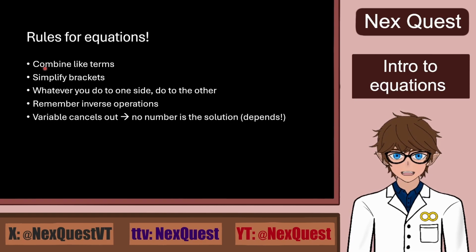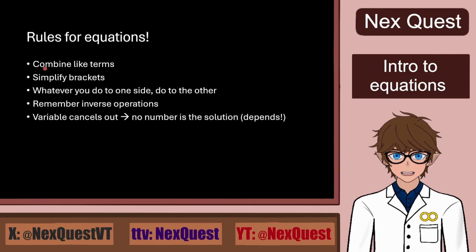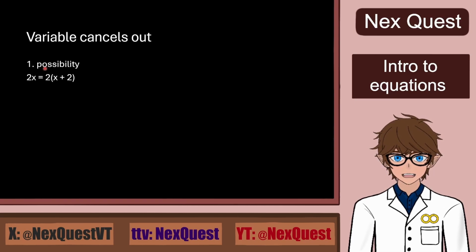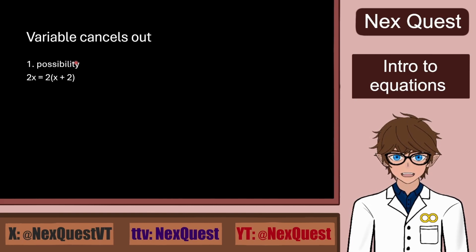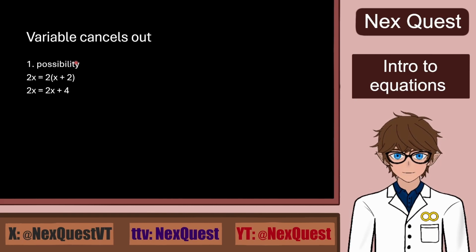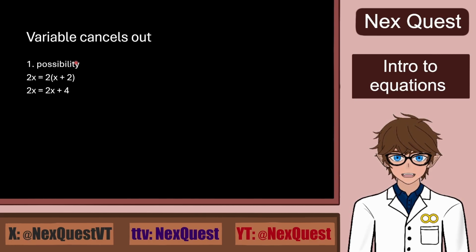The next rule is that if the variable cancels itself out, then no number may be the solution. However, it depends. We have two possibilities here. The first possibility is the variable just cancels out, and we have 2x equals 2 times x plus 2. We solve the brackets. We have 2x equals 2x plus 4.